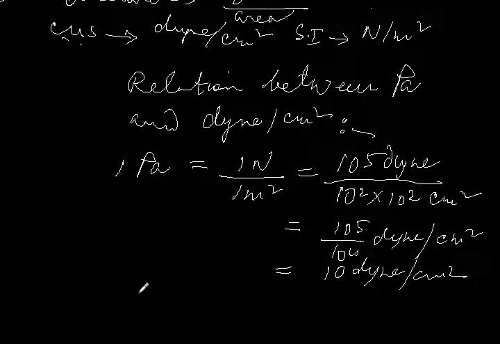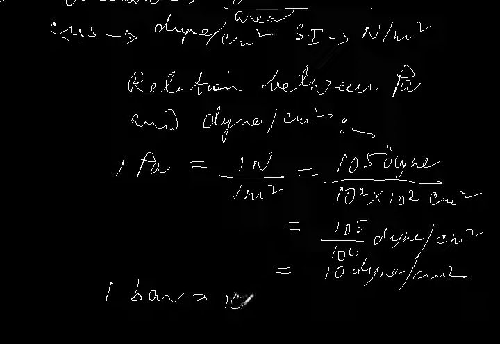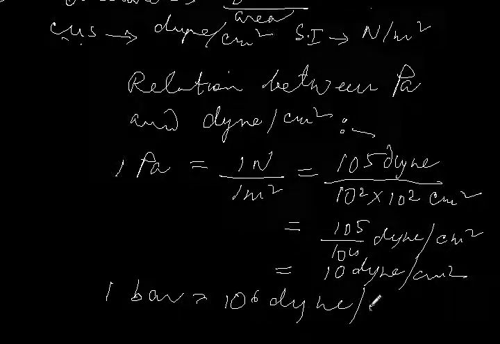Other than these, Pascal and dyne per centimeter square, there are so many units of pressure. A big unit is bar. 1 bar equals 10 to the power 6 dyne per centimeter square.